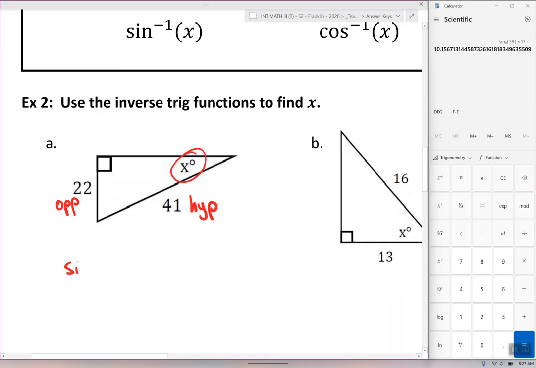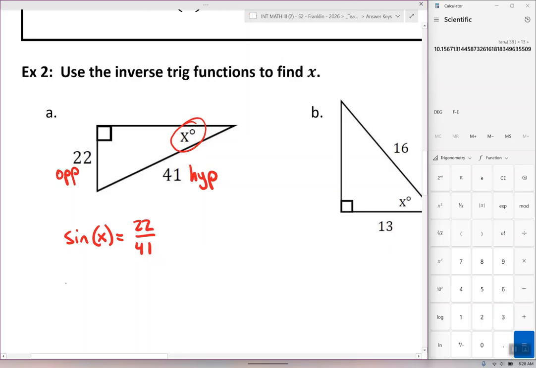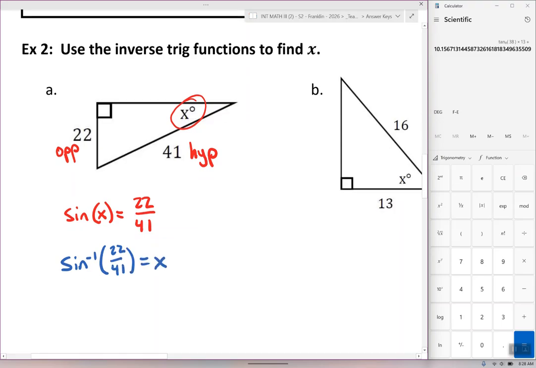So the sine of x equals 22 over 41. But now I don't know what my angle is, but I do know the ratio of opposite to hypotenuse. I have those numbers. So what I can do is use the inverse function of that ratio, 22 over 41, and that will give me my value of x. That'll give me that reference angle.